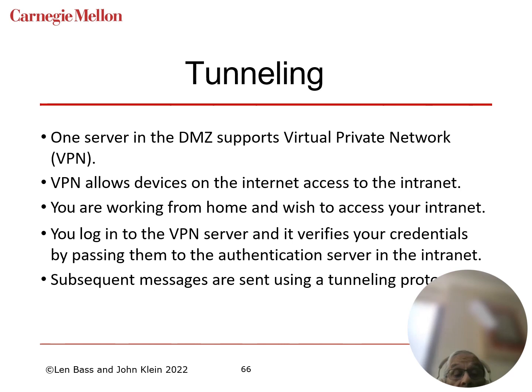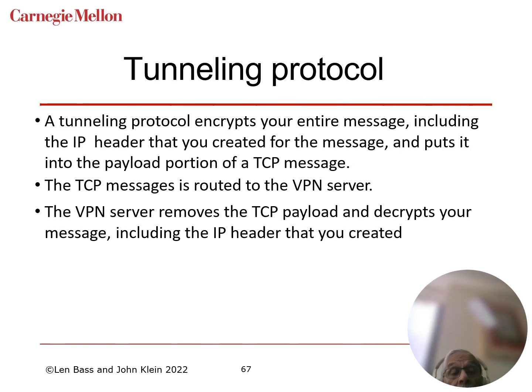And then once you're authorized, it sets up a tunneling program so that subsequent messages are sent using a tunneling protocol. So you have a piece of software on your machine that's a VPN. I want to say server, but the server's on the other side. It's a VPN client.